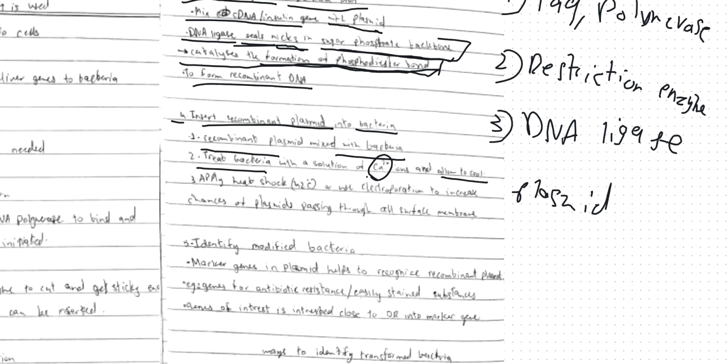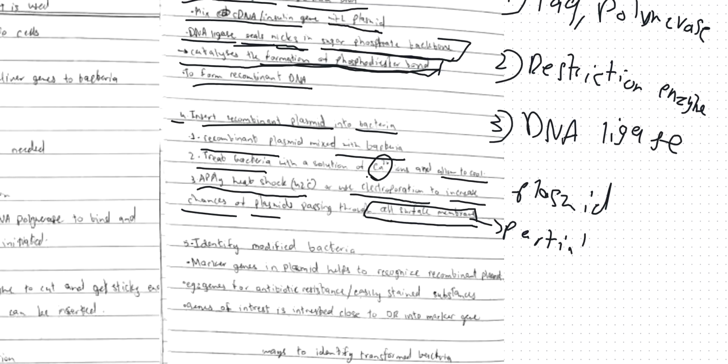You need to apply heat shock or use electroporation to increase the chances of the plasmid passing through the cell surface membrane. Remember that plasmids need to pass through the cell surface membrane, and this membrane is partially permeable. So without this heat shock and Ca2+ ions, the plasmid cannot enter the bacteria.